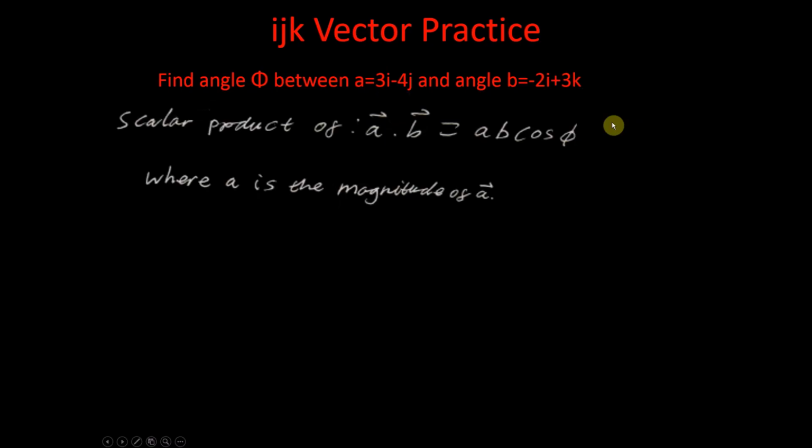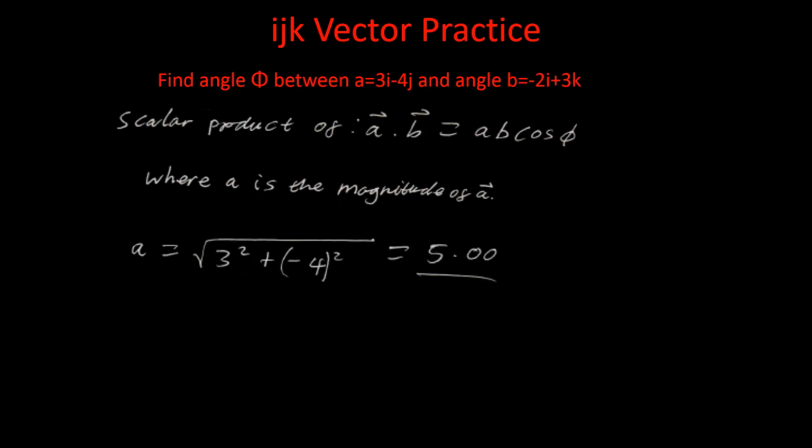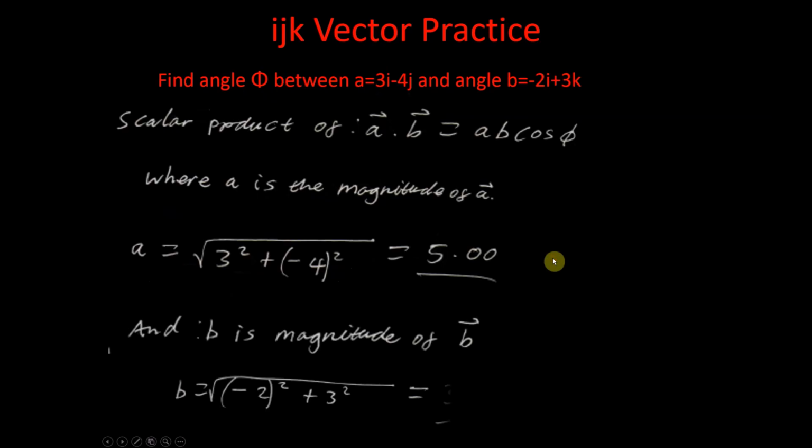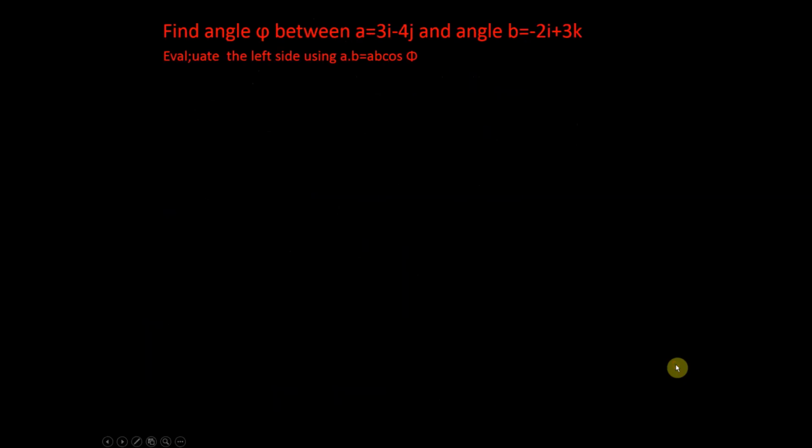So A is the magnitude of A, which will be found by our usual Pythagorean methods. So A is the root of 3 squared plus minus 4 squared, which will equal 5. B, same deal, 2 squared plus 3 squared will give us a root of 3.61. That allowed us to find the magnitude.